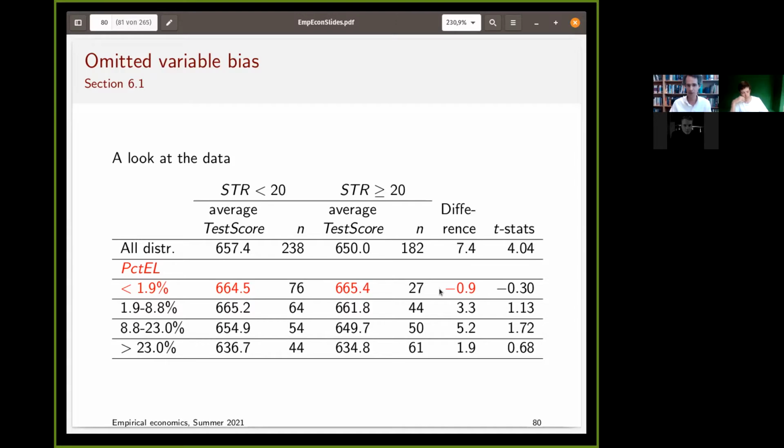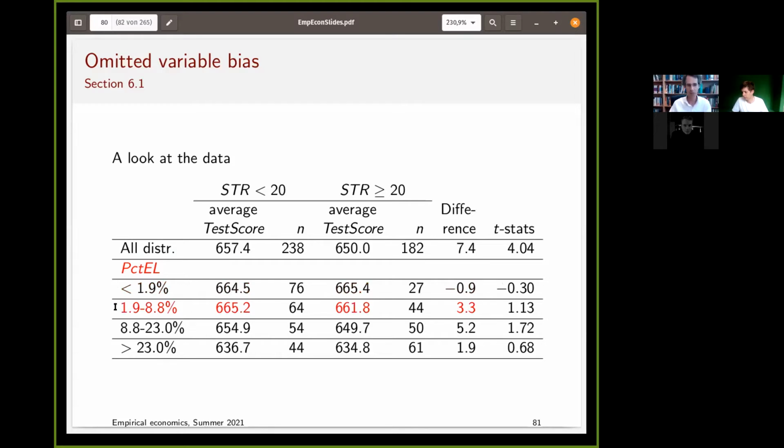So the difference is minus 0.9. If we compute the t-statistic, it's minus 0.3. That's not significant for any usual significance level. So the difference between small classes and large classes is not significant if we only look at districts with very few foreign language students.